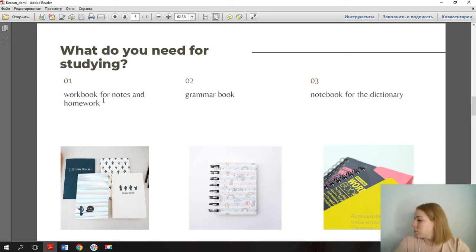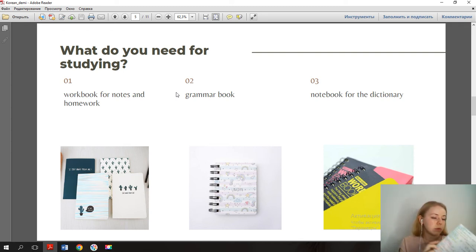It's a really big book, not thin, but thick, the homework notebook. The grammar book might be a small notebook. For example, I have such one. I don't know whether you can see that well.